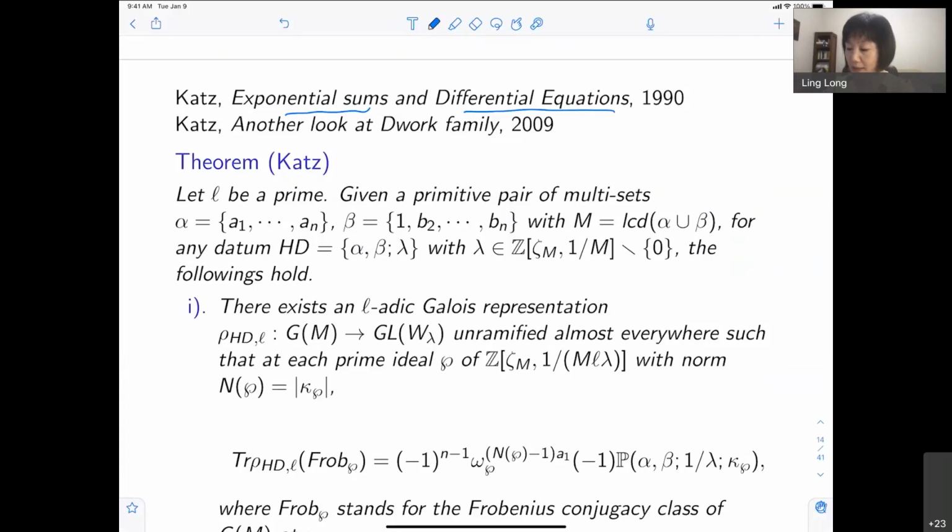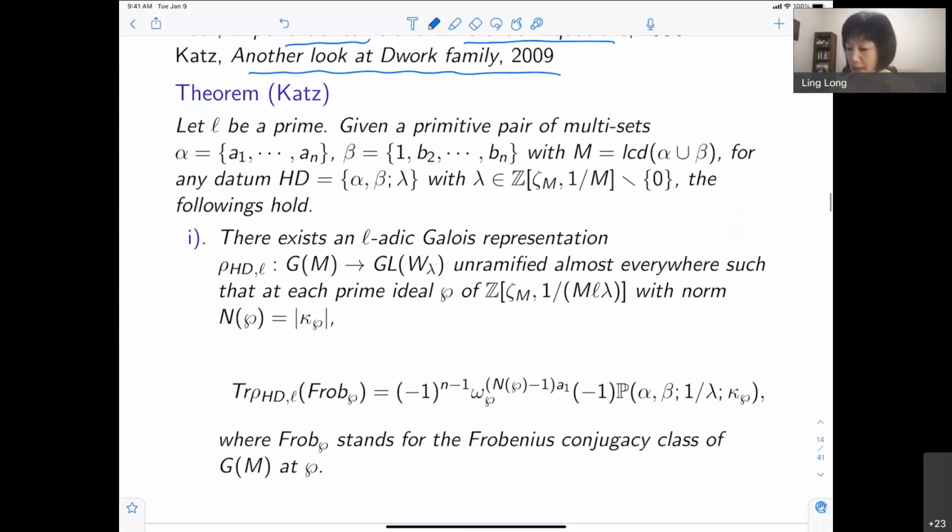Later, in a 2009 paper, he mentioned there is a canonical twist you can perform so that the local pieces can be lifted up globally. Once you do the canonical twist, the whole setup can go from individual finite field results to global results. I'm not going to dig into the details, which would require a whole course on how Katz put everything together. I only want to mention how his result can be stated in the way we understand.